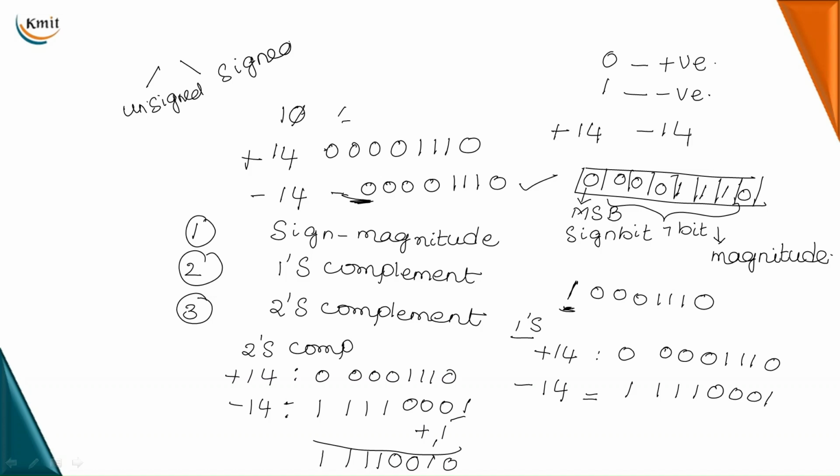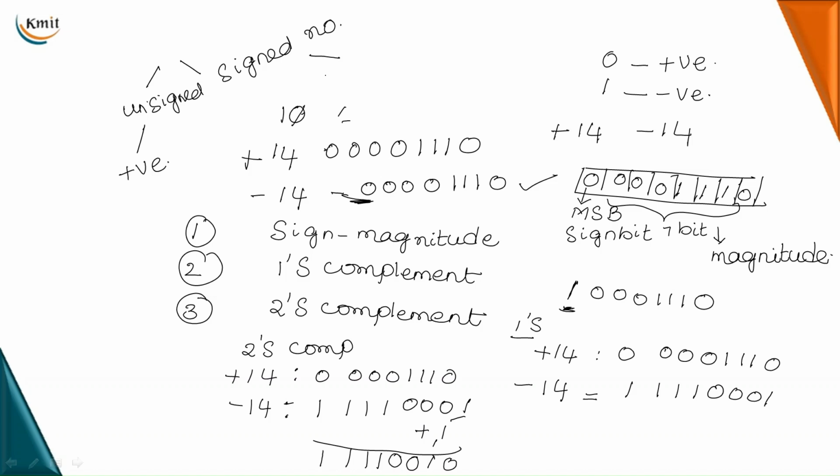Unsigned numbers mean you can represent only positive numbers. You cannot represent a number in a negative form using unsigned representation. But negative numbers can be represented in a signed representation.